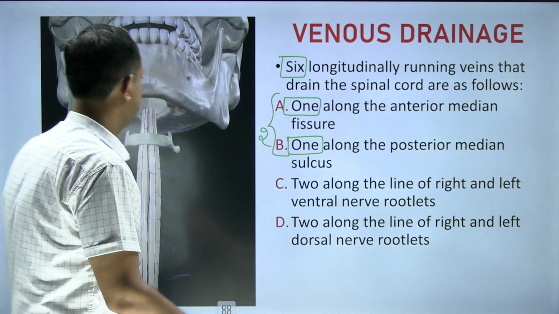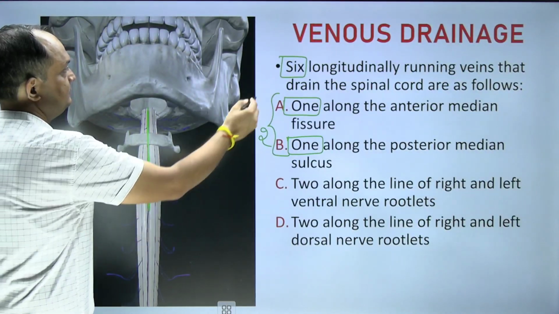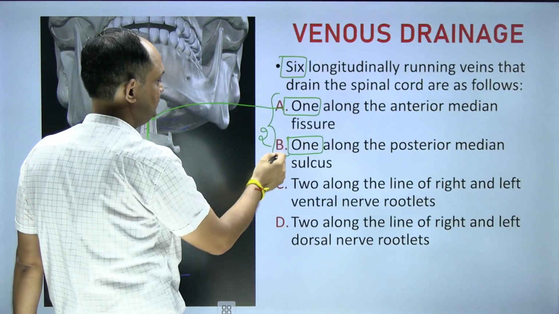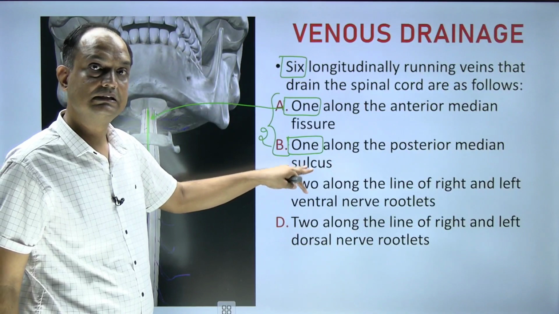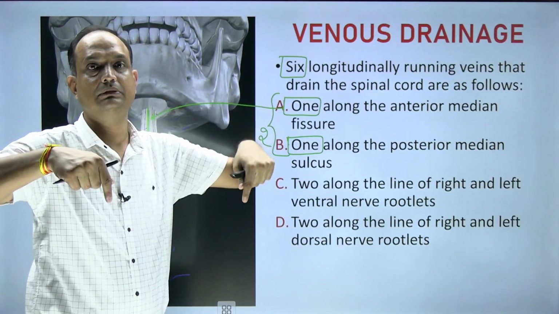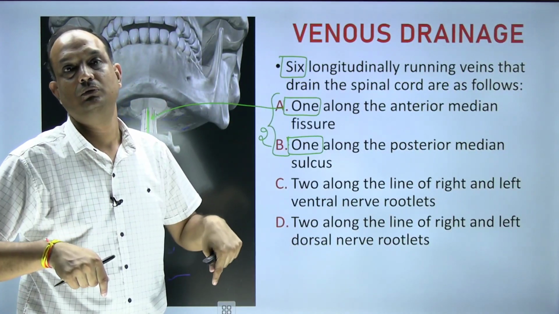Clear? So, when you see the spinal cord, this is your anterior vein, which is present along the anterior median fissure. Then you have one vein along the posterior median sulcus. Apart from that, the 2 veins on both ventral root lines and 2 veins along the dorsal root lines.